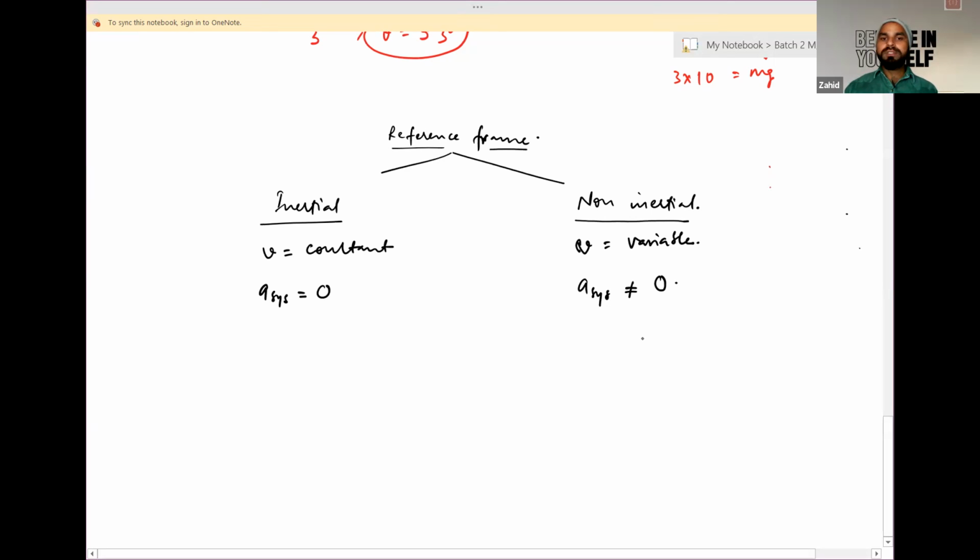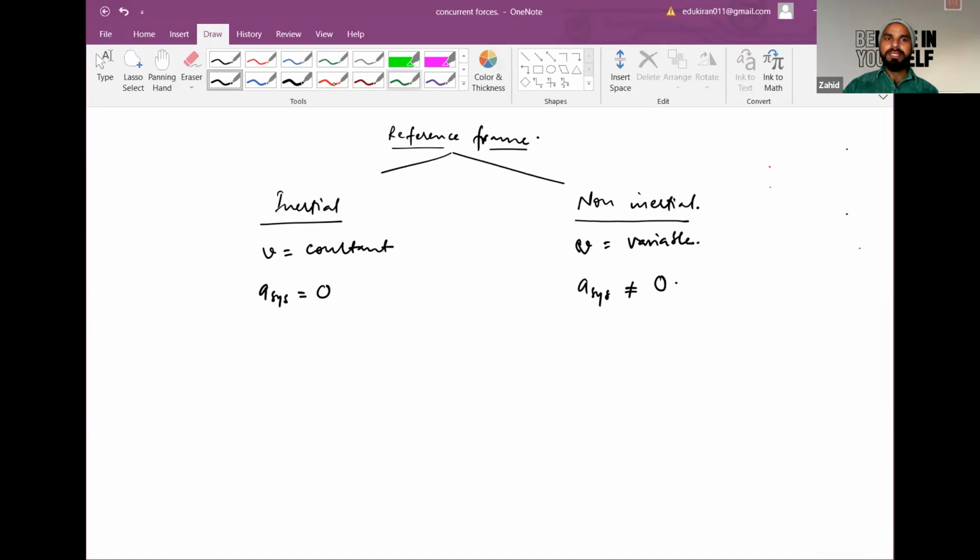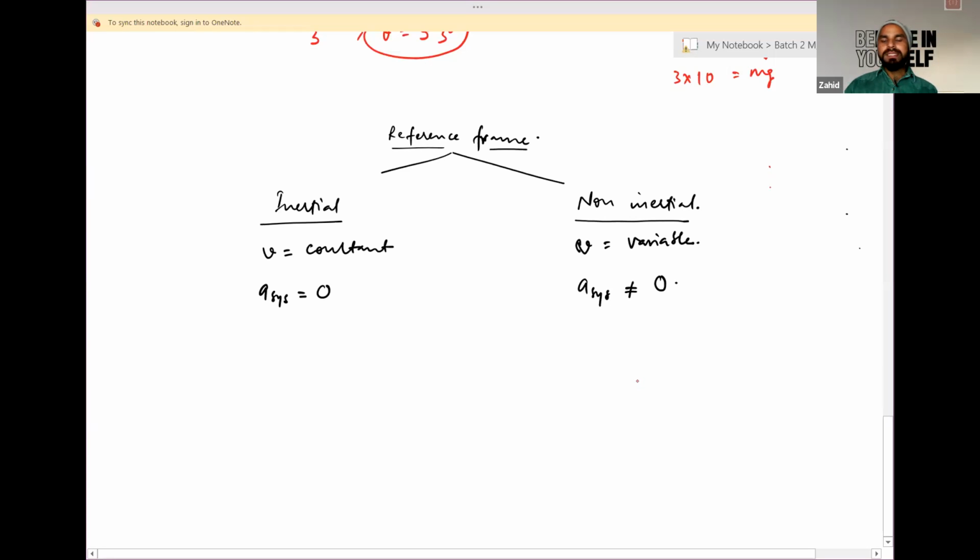So a force will develop on the object due to change in state, direction, or shape. That force is termed as pseudo force.